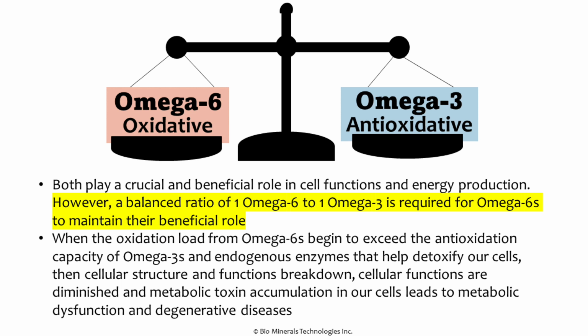However, a balanced ratio of 1 omega-6 to 1 omega-3 is required for omega-6s to maintain their beneficial role. When the oxidation load from omega-6s begins to exceed the antioxidation capacity of the omega-3s and our endogenous enzymes that help detoxify our cells, then cellular structure and functions break down.